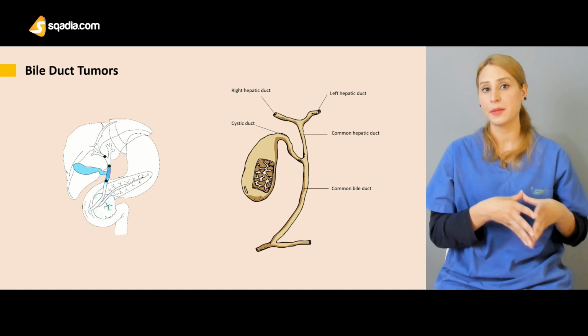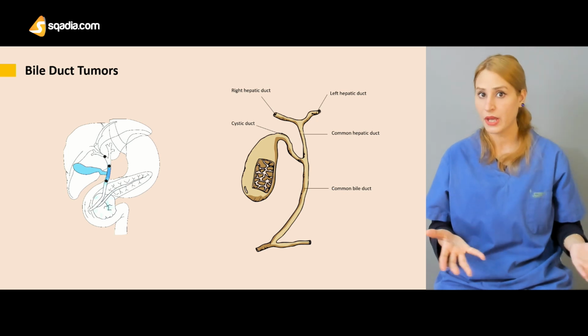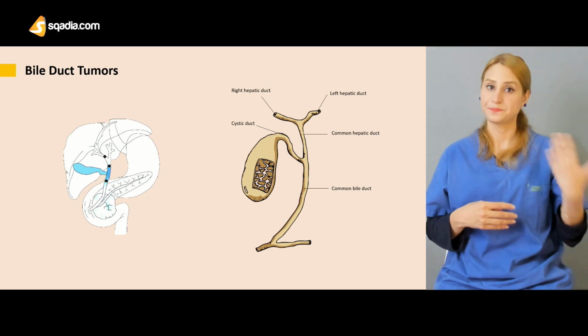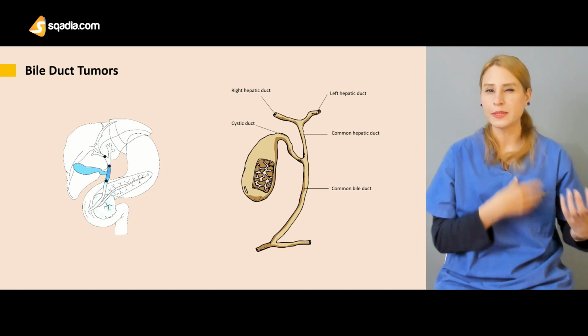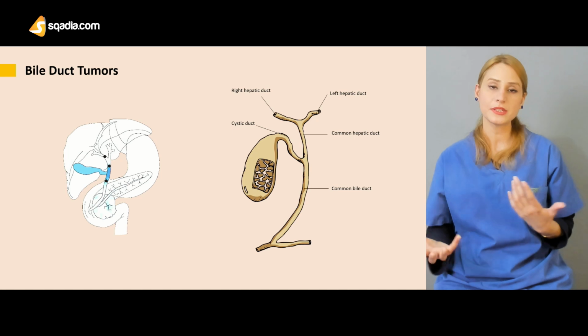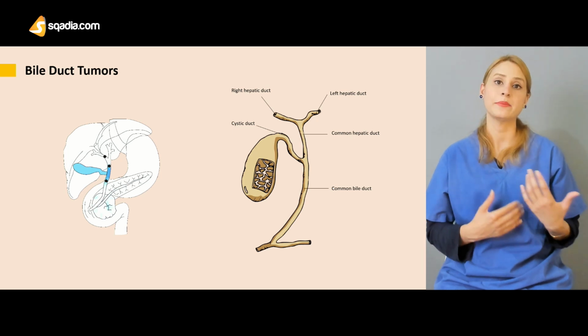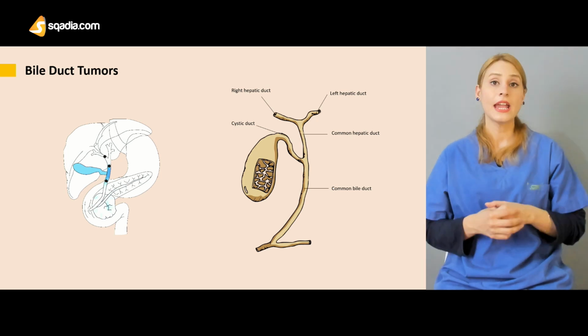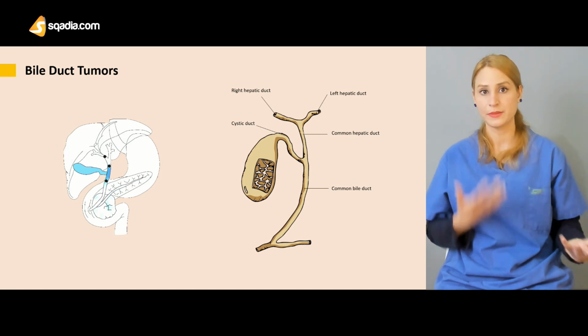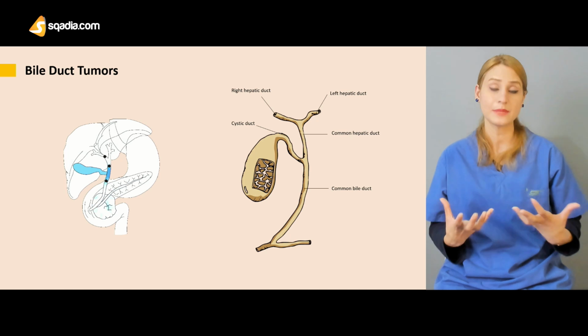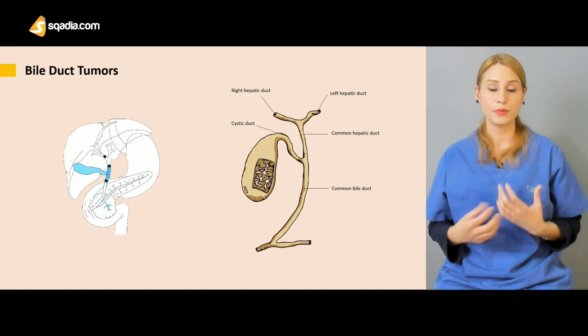Among the epithelial tumors, there can be adenomas, cystadenomas, and papillomas. These are the benign categories. But among the malignant categories, there can be adenocarcinomas and squamous cell carcinoma. Most commonly it is adenocarcinoma, which makes up about 90% of the tumoral bulk.